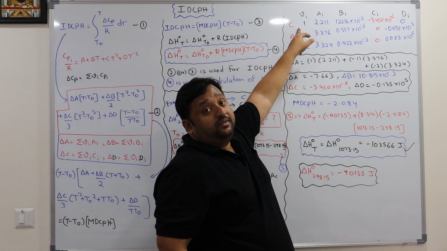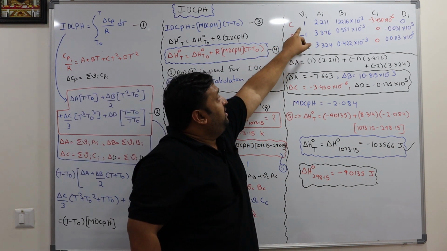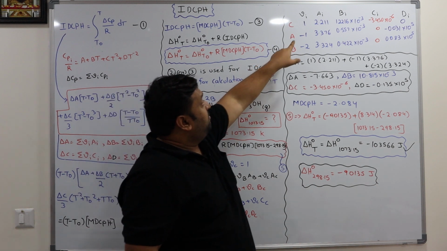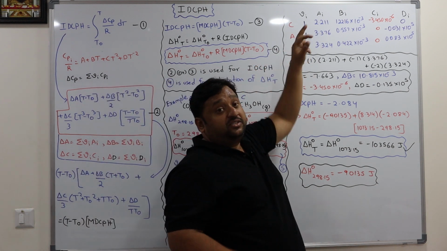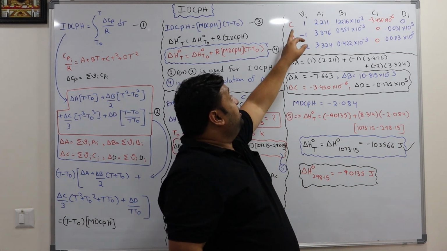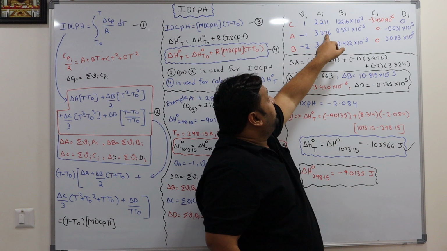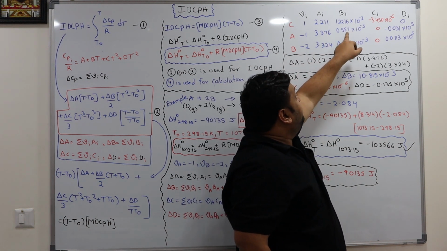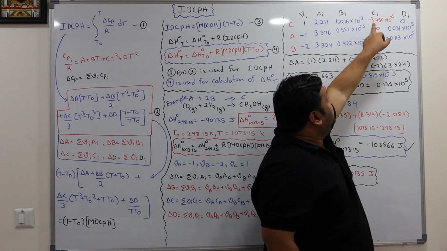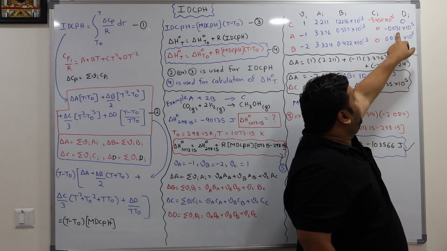For example, if you see this table, VI means the stoichiometric coefficients: for C it is 1, for A and B they are minus 1 and minus 2. The AI means the constants of C, that is AC, AA, AB, BC, BA, BB, CC, CA, CB, DC, DA, DB.